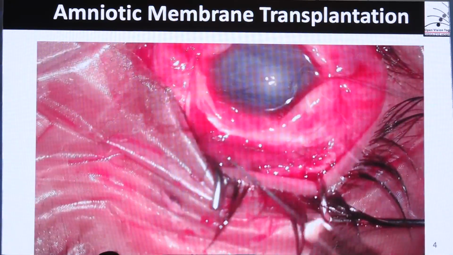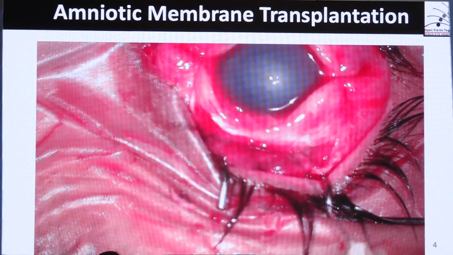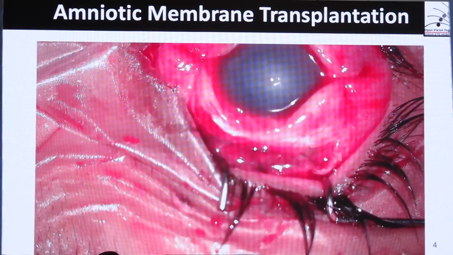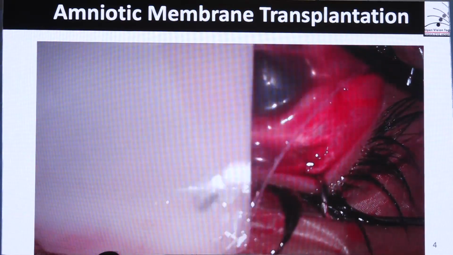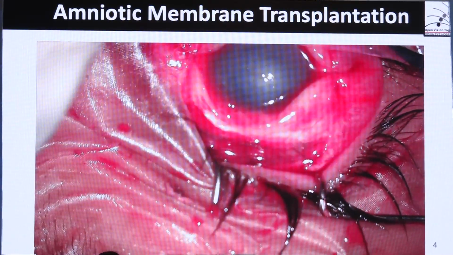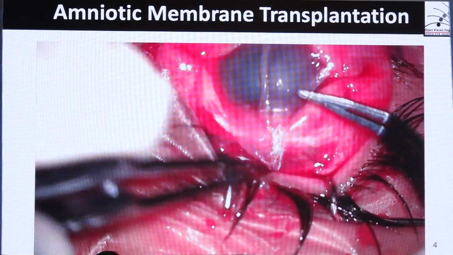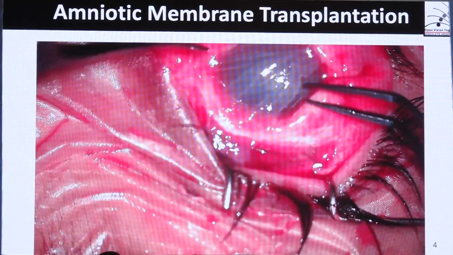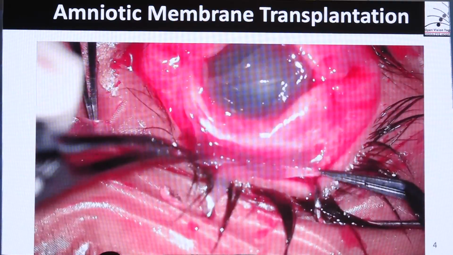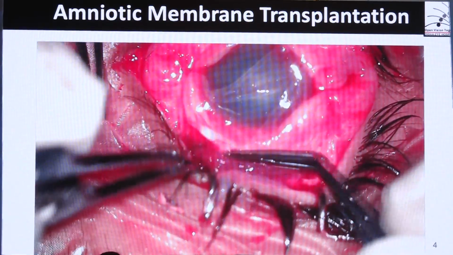Now for these fornicial defects, we have to put another piece of amniotic membrane. Whenever we are putting 2 layers of amniotic membrane, at least the inferior layer should be sutured all the time.